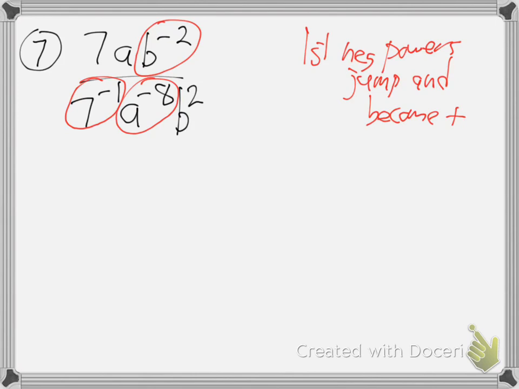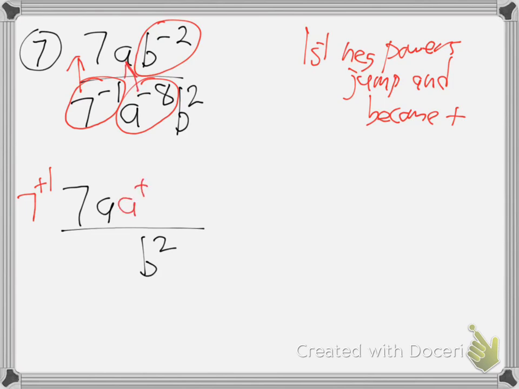Let me bring it down. So the 7 and the a staying on the top, the b squared staying on the bottom. Those ones are staying put for sure. All the other ones are going to switch sides, and when they do, they switch signs. They become happy, positive, right? So this guy's going up. You can put him on the left or the right, doesn't really matter. Becomes 7 to the positive 1, doesn't he? This guy's going up.